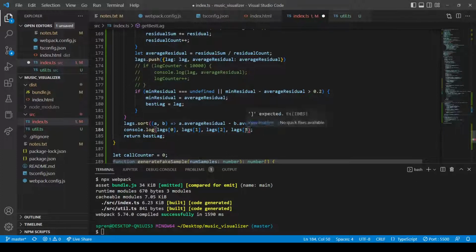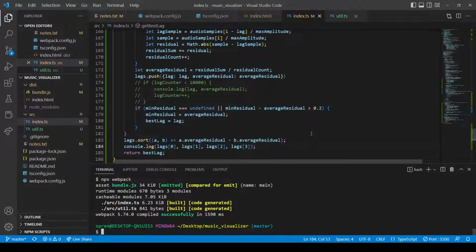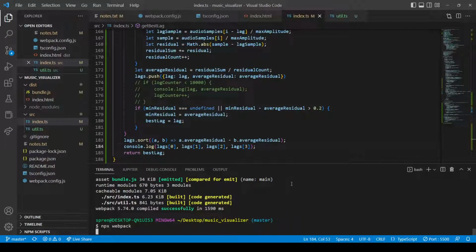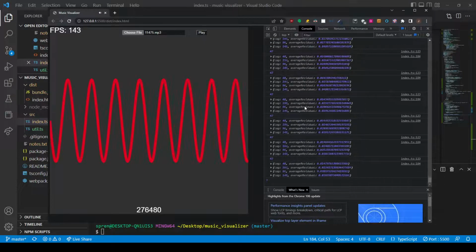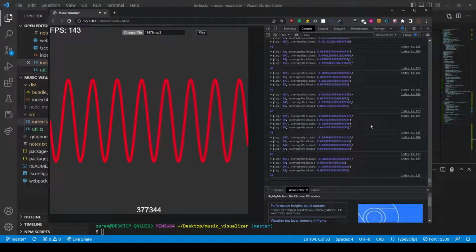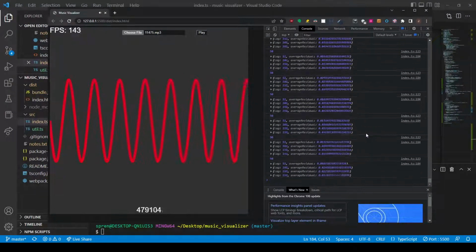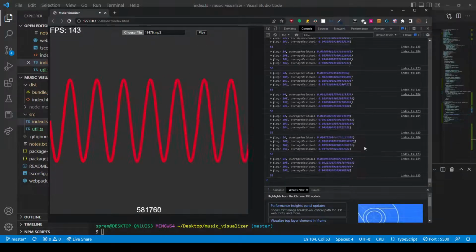This is totally gonna work. So now we're getting the top N lags, the top 4, I guess.